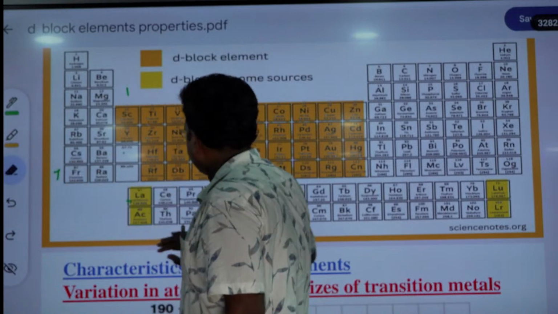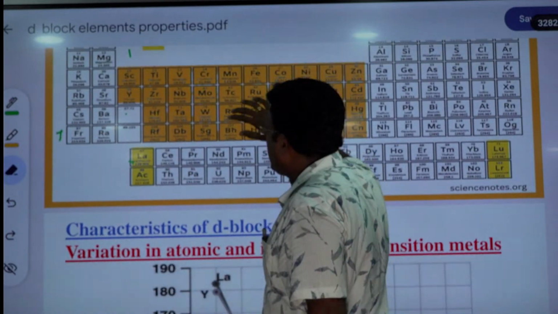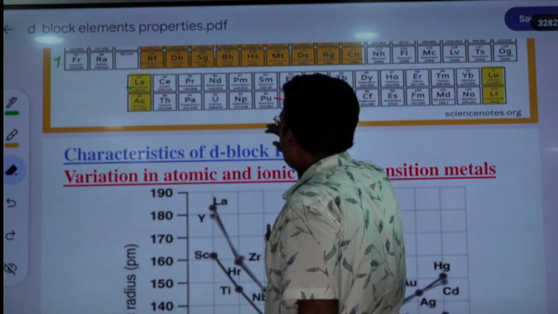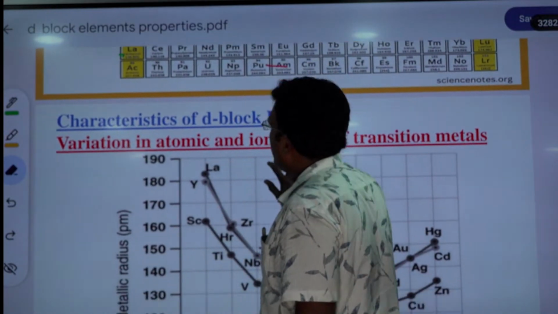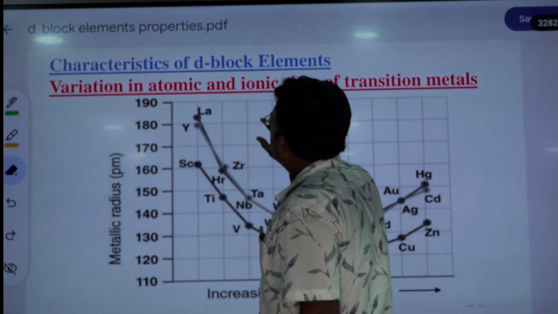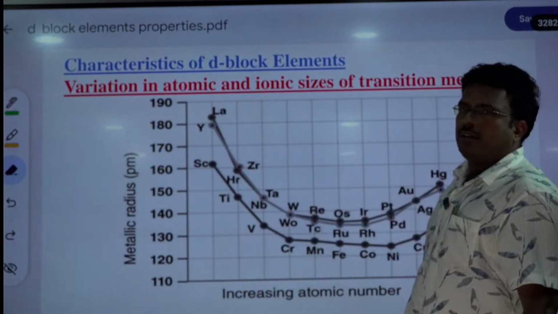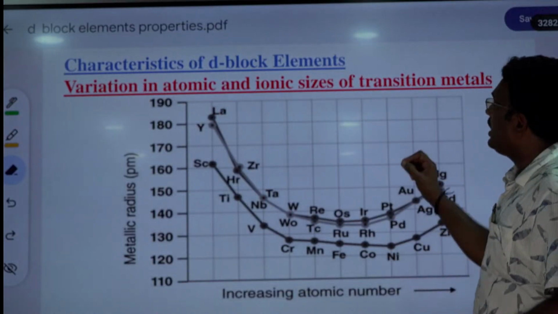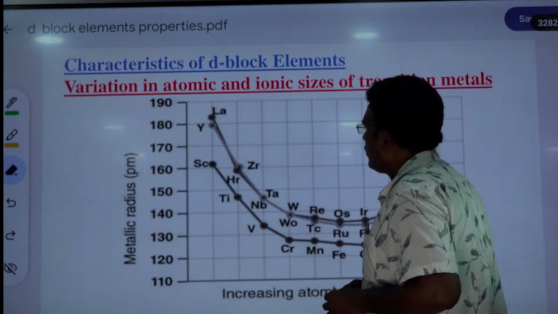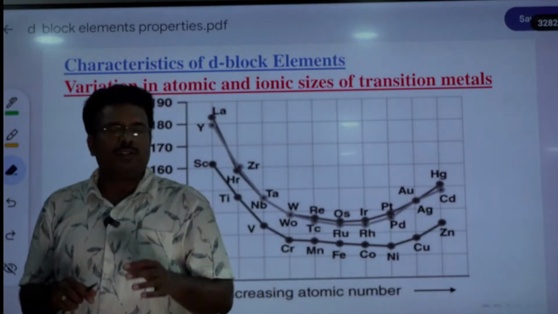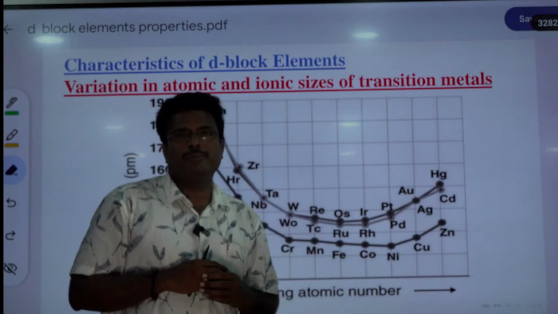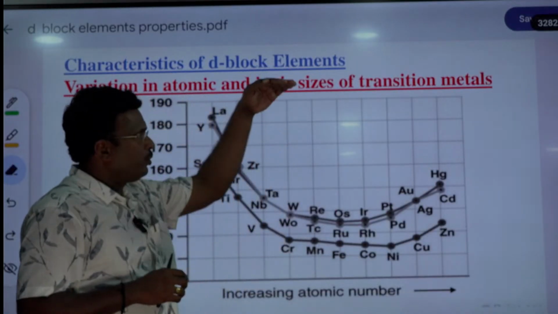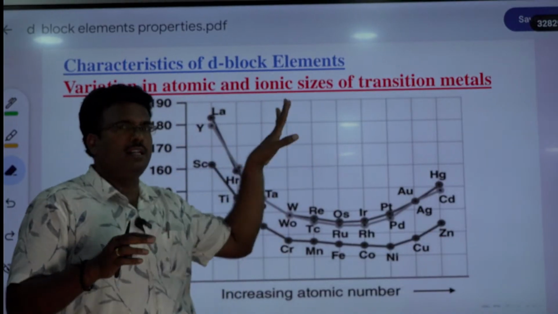Okay. Right. So what are the special characteristics of D block elements? Very, very important. The first one is the variation in atomic and ionic size of transition elements. For example, in the S block or P block, in a group, top to bottom, ionic radius increases.